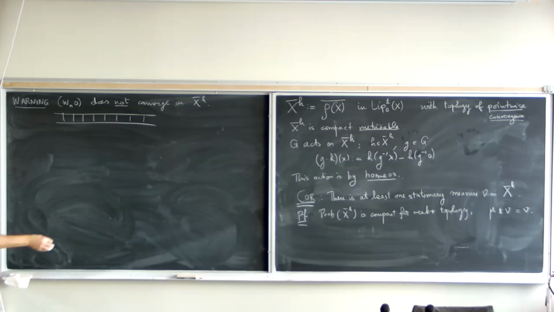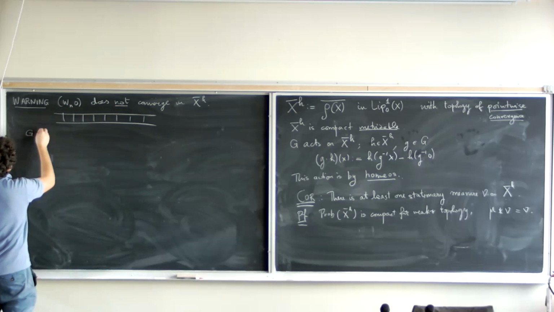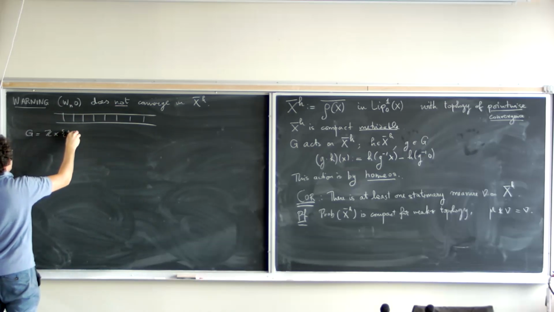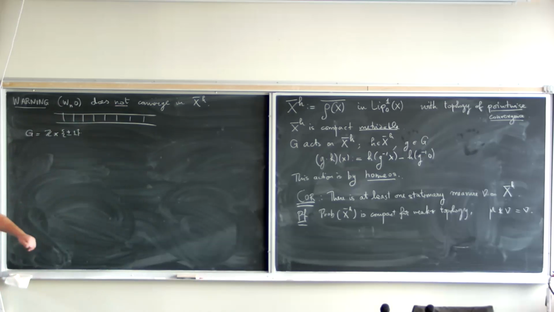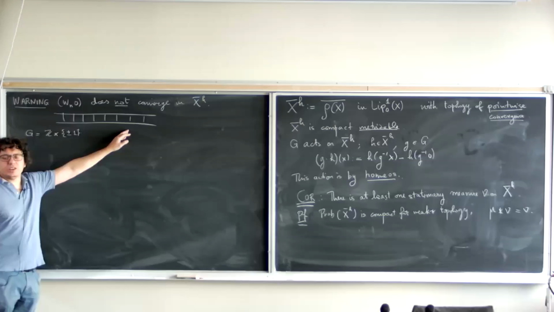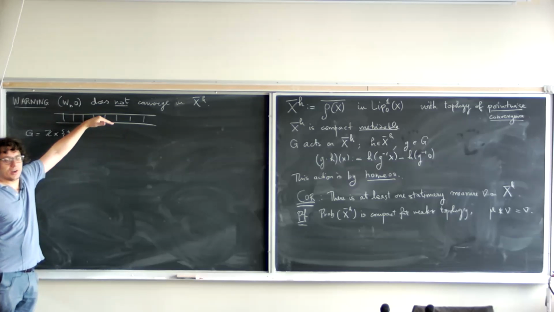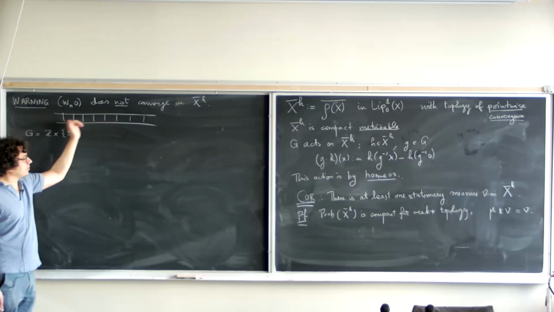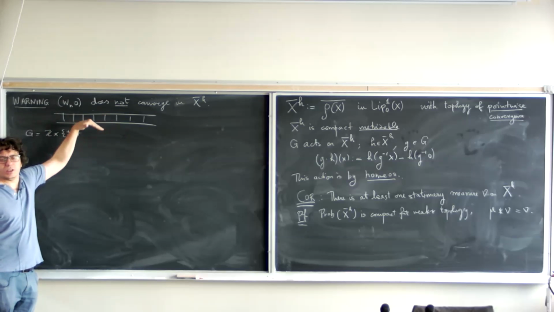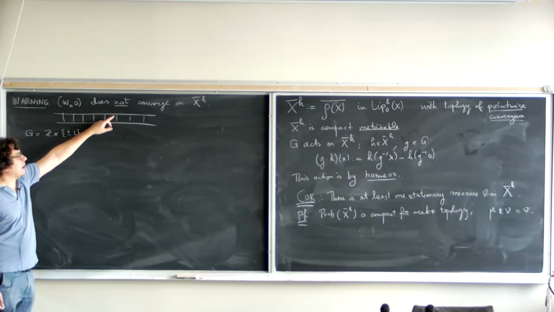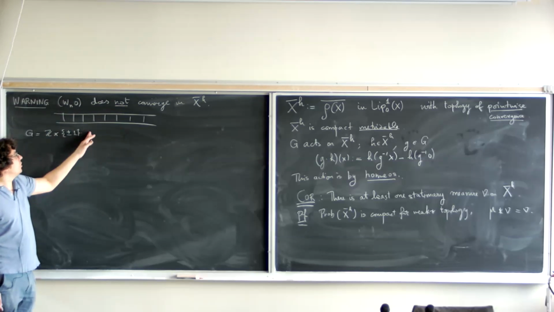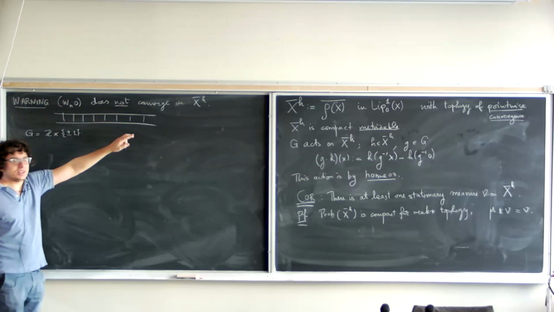So imagine again that you have a group, and your group is something like Z times plus or minus 1. With a certain probability, you can flip from the upper part of the ladder to the lower one, and so forth. Remember that the boundary of this space has 4 points.